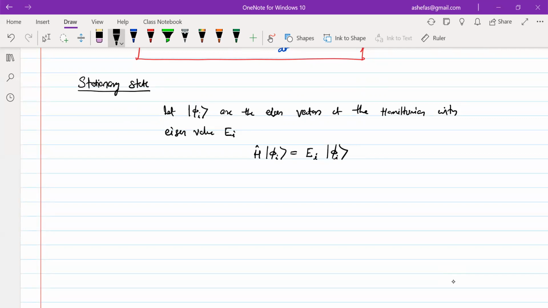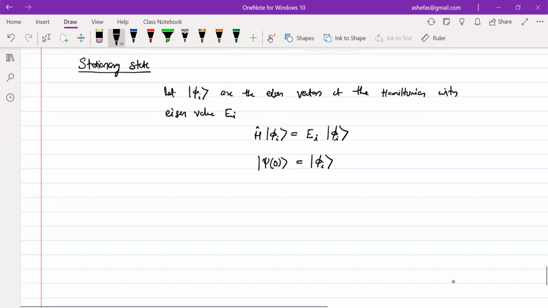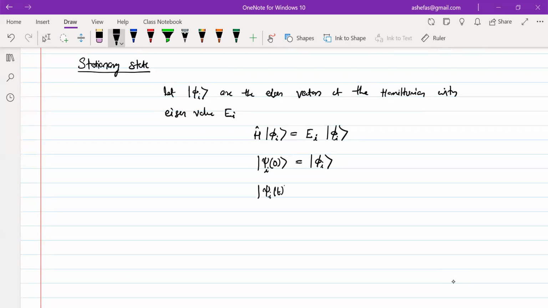Now the corresponding state vector we can define this way. Suppose the state of the system at time 0 is ket φ_i, which I denote by the symbol ψ_i. So ψ_i(0) is ket φ_i. Then what would be ψ_i at some later time t?